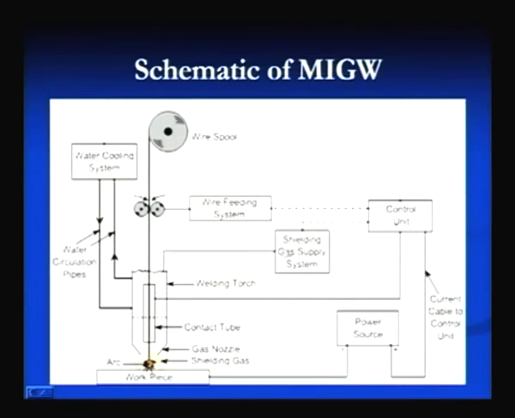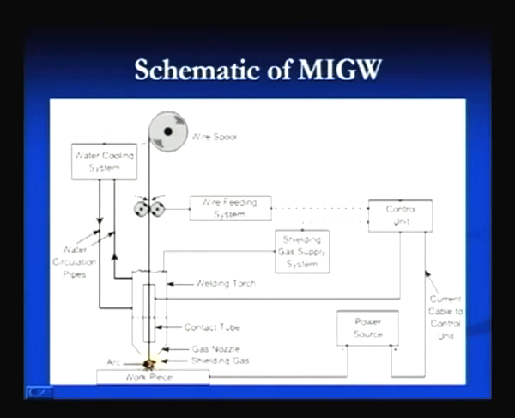And here the required shielding gas supply can be made from the argon or helium cylinders or CO2 cylinders to get a continuous jet of the shielding gases outside this nozzle and around the arc region, and the control unit helps to feed the electrode wire at the desired speed, and the power supply is also connected to the workpiece and to the contact tube, so that a welding circuit can be completed here.